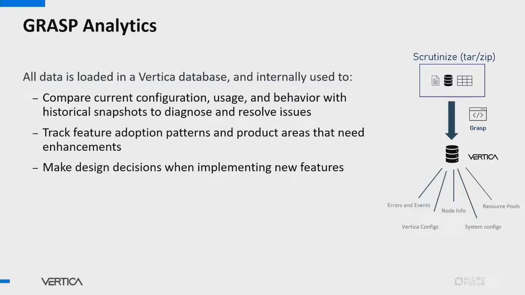So to give you a few examples, from the support perspective, having historical snapshots from your database and being able to compare the current behavior, usage, and the configuration with the historical data points is proving to be very valuable when diagnosing and resolving issues. In every version of Vertica, we release tens of features.